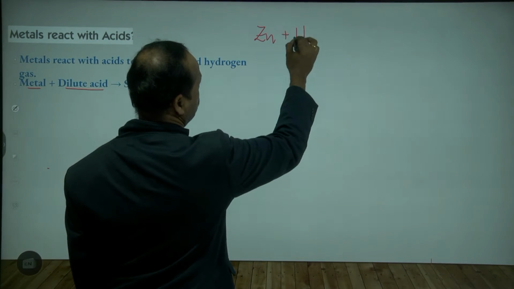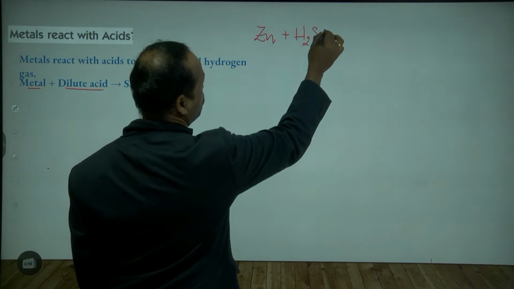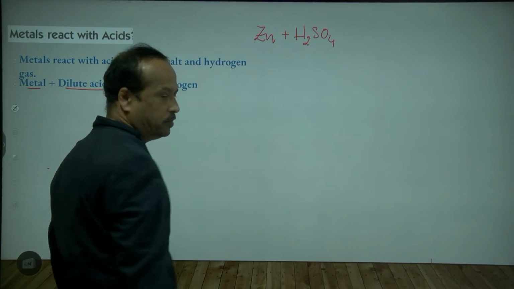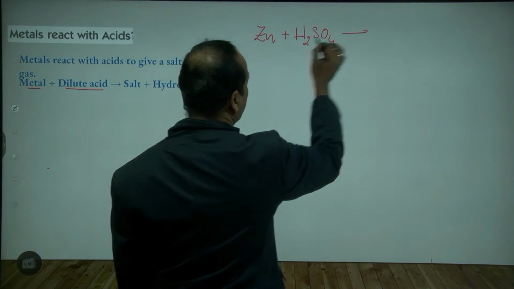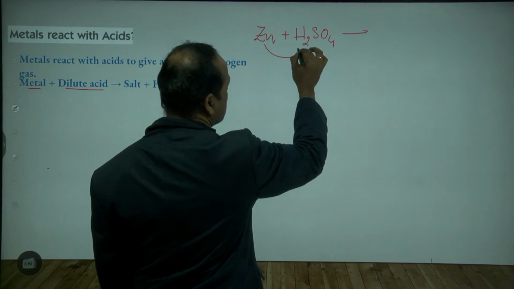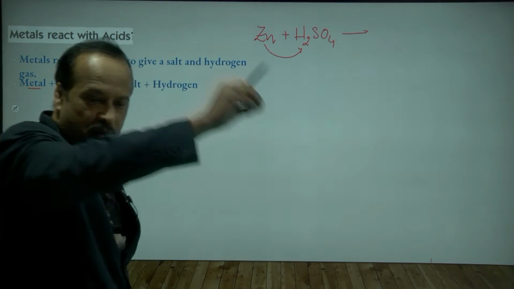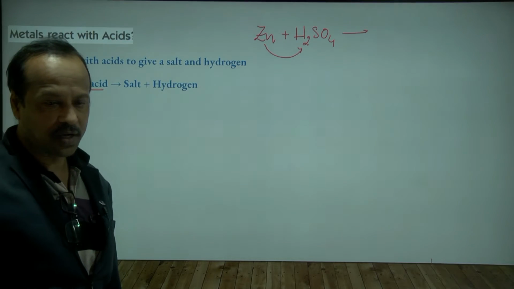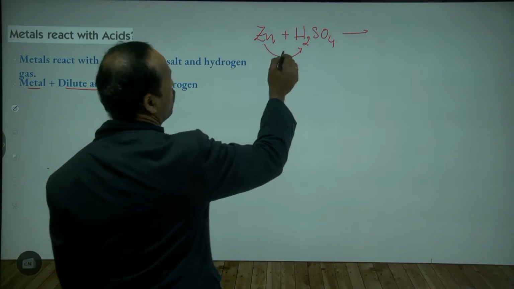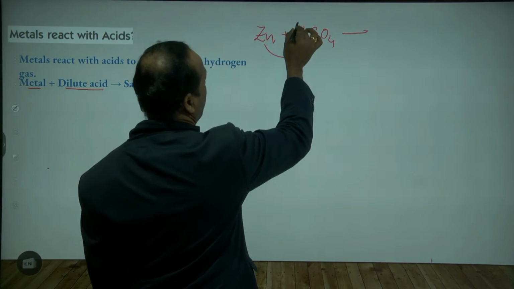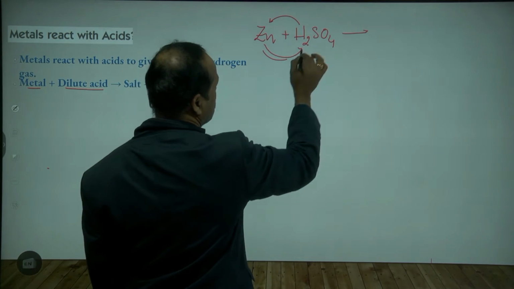The formula of sulfuric acid is H2SO4. Now zinc displaces, meaning removes, hydrogen and occupies its place. So hydrogen comes out and zinc goes there.